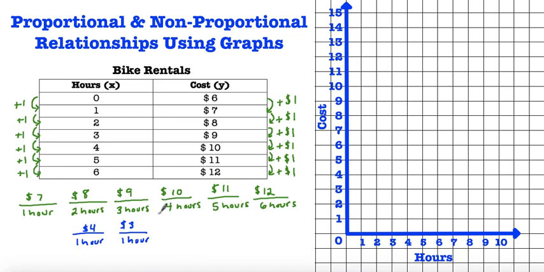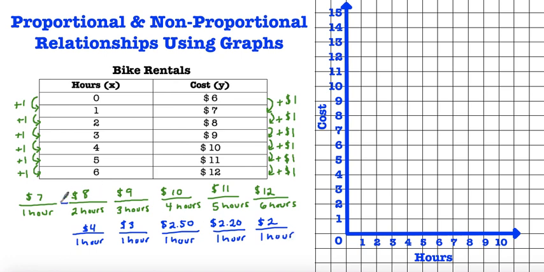Here we have $10 for 4 hours, which ends up being $2.50 per hour. Here we have $11 for 5 hours, and if we divide that, it ends up being $2.20 per hour. Here we have $12 for 6 hours, which ends up being $2 an hour.